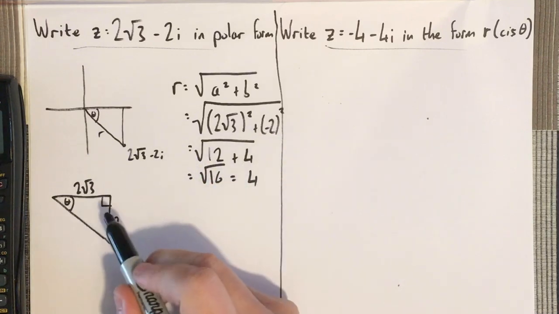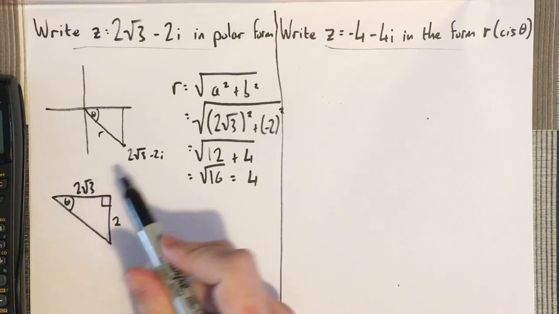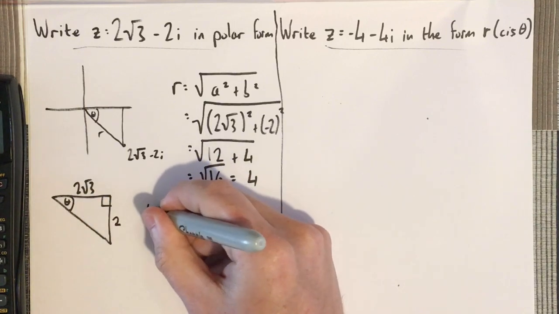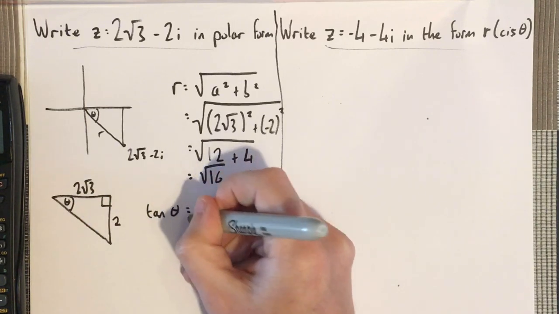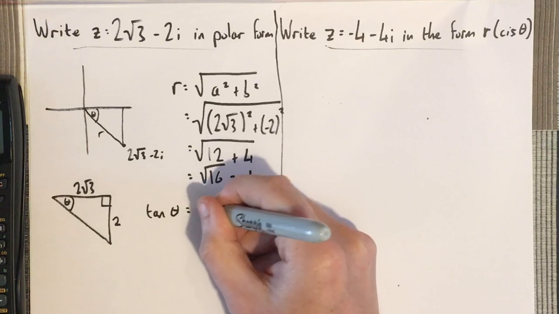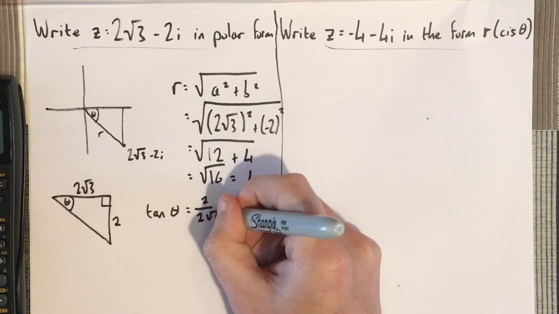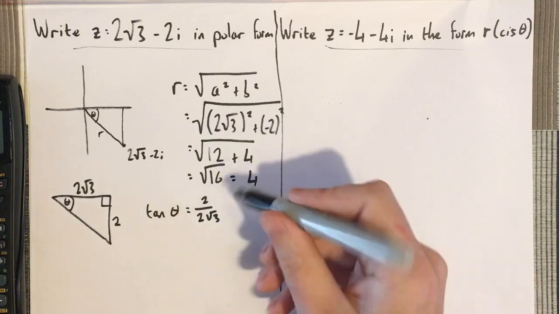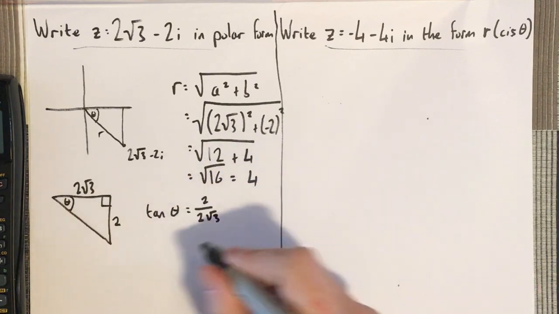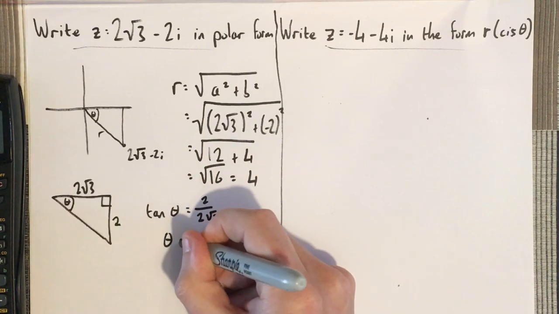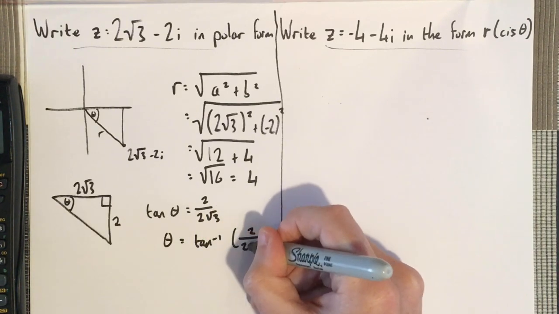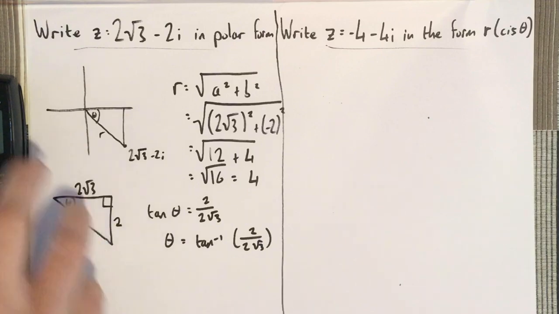I tend not to. So it's tan again. This is opposite. This is adjacent. So the tan of theta is 2 over 2 root 3. That's 1 over root 3. If you don't notice that, it doesn't really matter, because if you do the tan inverse of 2 over 2 root 3, it will come out in the wash anyway.